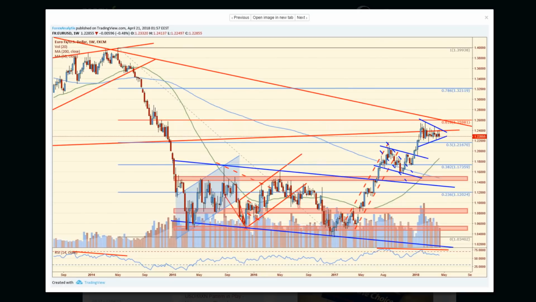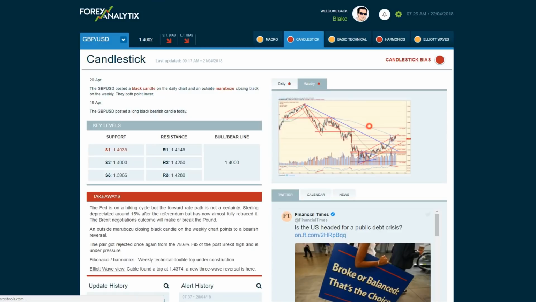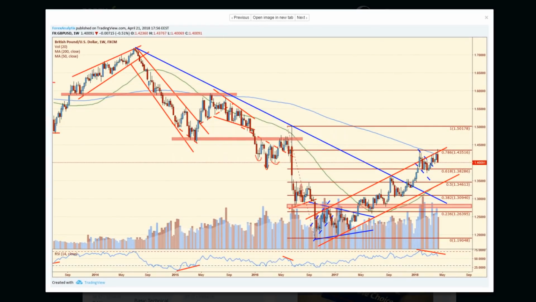And if you see the way the dollar has acted across the board against most other currencies, like here's the cable, for example. Look at the weekly candle. That's a big shooting star, bearish engulfing, gnarly looking reversal candle, false breakout, by the way, in case you didn't catch it. Big reversal candle there, and you're seeing them across the board.